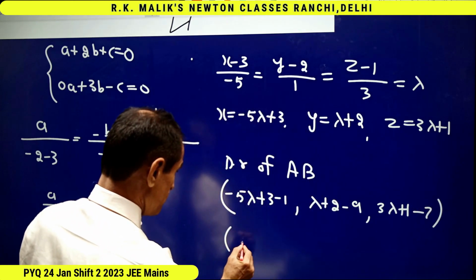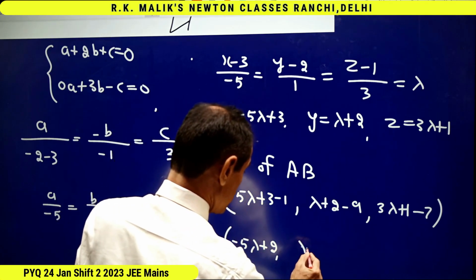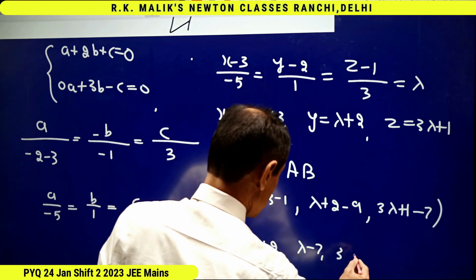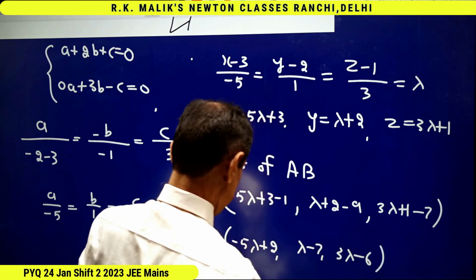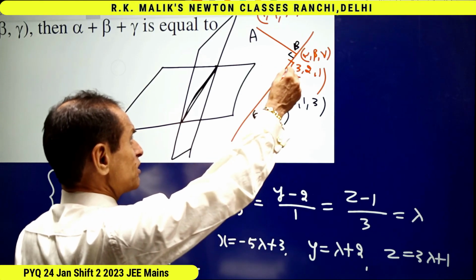That is, minus 5 lambda plus 2, lambda minus 7, and 3 lambda minus 6. These three are the direction ratios of AB.